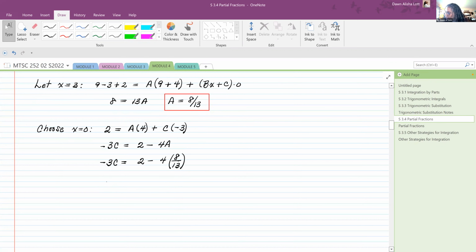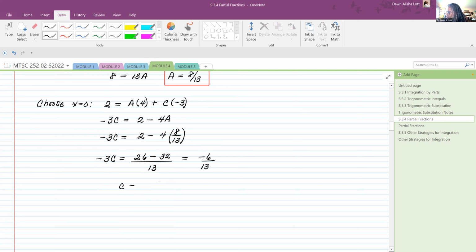So I'm going to get -3C is going to give me 26 minus 32, over 13. This is -6/13. So therefore, when I divide by -3, I get C is equal to 2/13. So now I have my second variable.